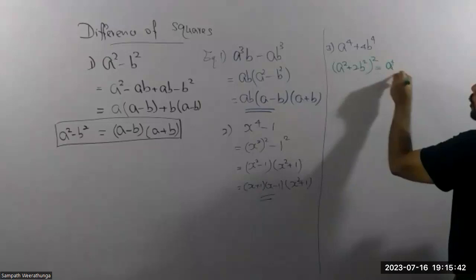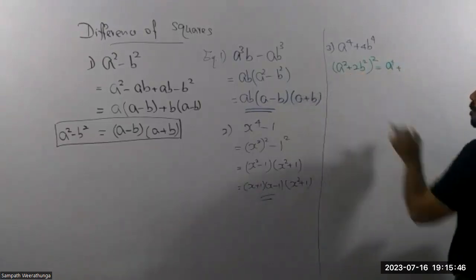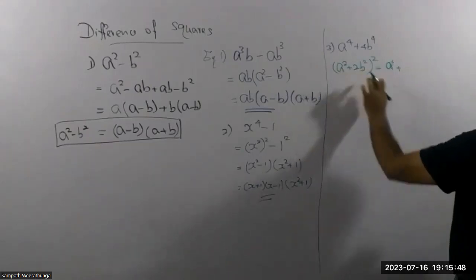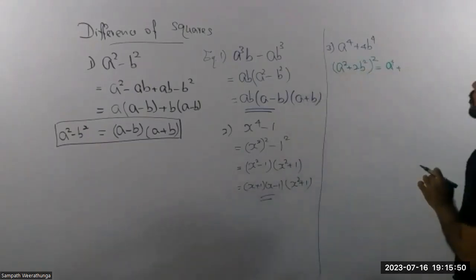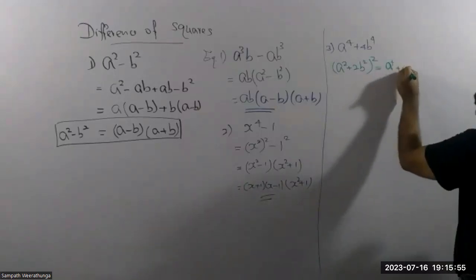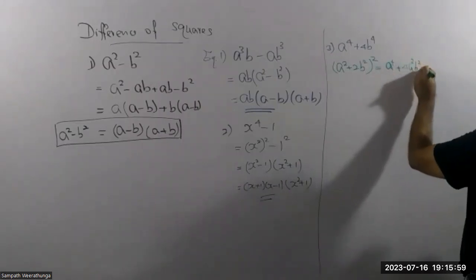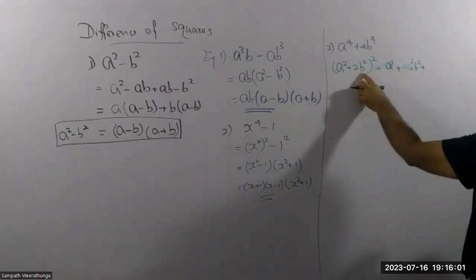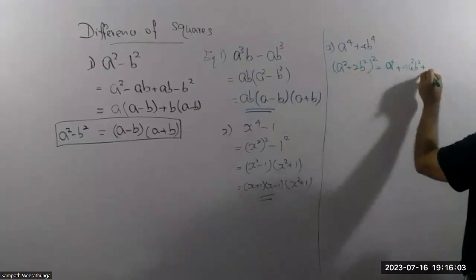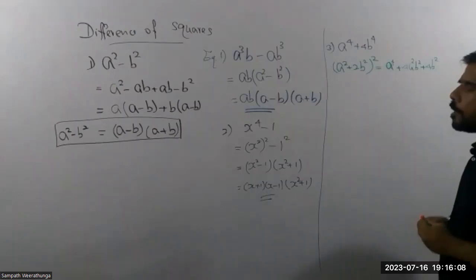a to the power 4 plus then twice of this multiplication. That is, this multiplication is 2 a square b square, then twice into it means 4 a square b square, plus the square of this whole term, that is 4b square. Right?